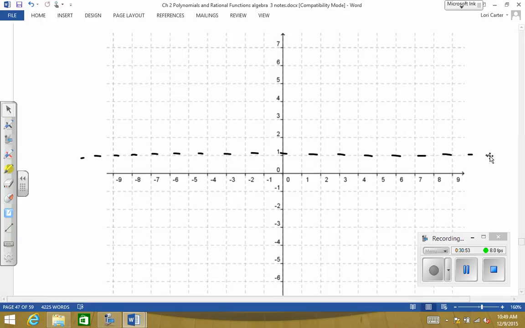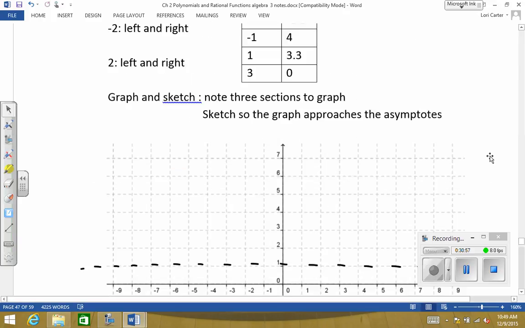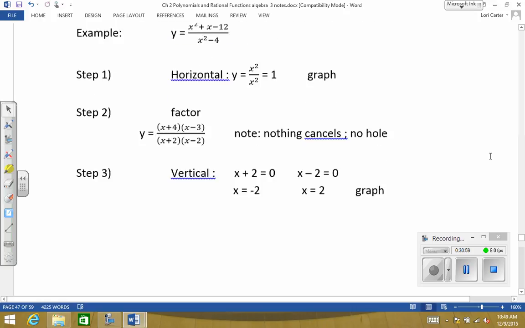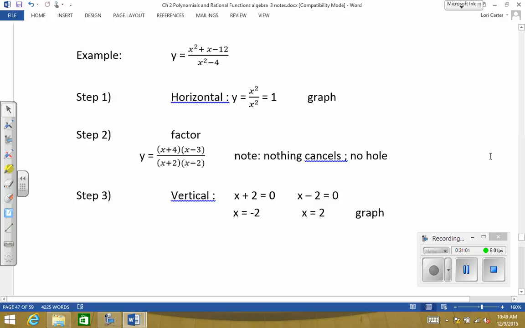Now we have to do the vertical. So we go back. X squared minus 4 is a difference of squares, right? We have to factor both to look for a hole in the graph. If they cancel, so I factor the top. Factors of negative 12 that add to 1 are 4 and negative 3.